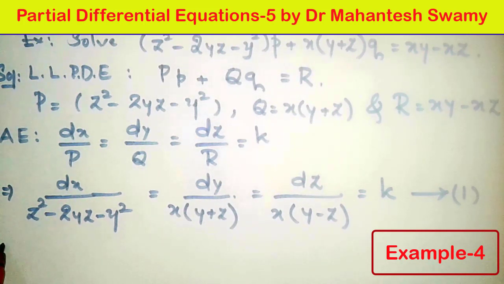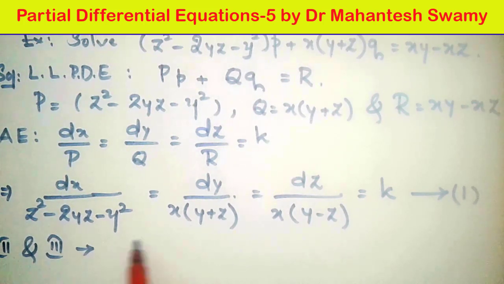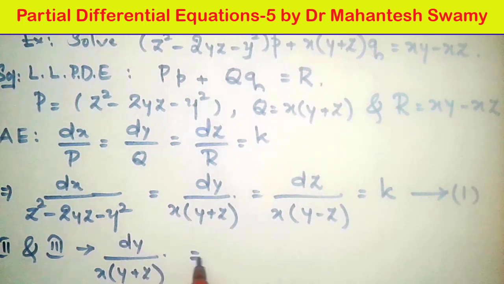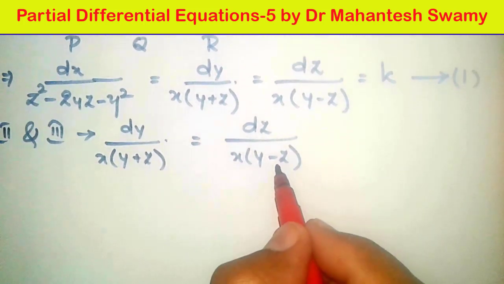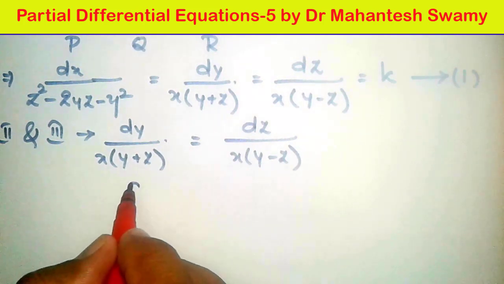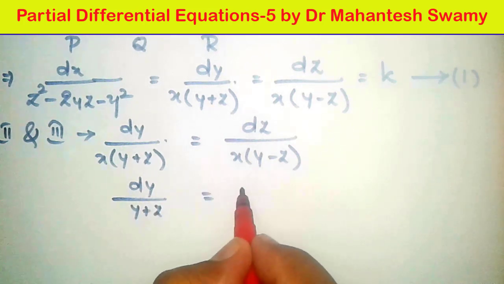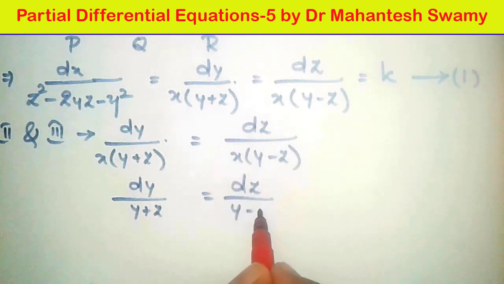Therefore, first let us consider the second and third members. When we consider the second and third members of equation 1, we have dy by x into bracket y plus z equals dz by x into bracket y minus z, and after cancelling x and x, we have dy by y plus z equals dz by y minus z.